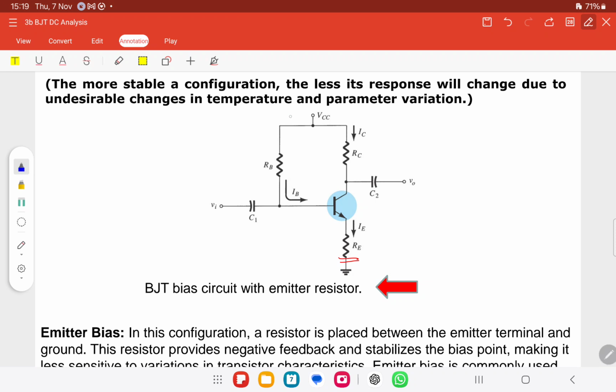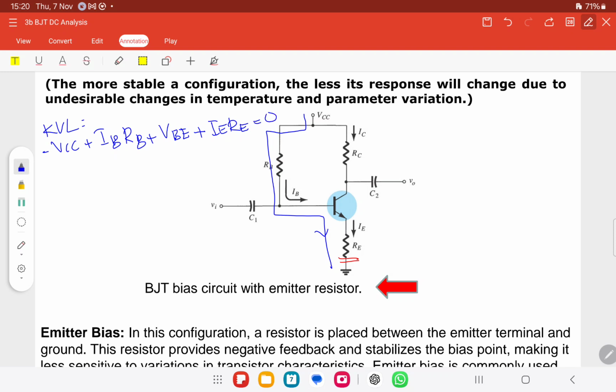So now kita nak buat sama. This one sama je dengan tadi, cuma dia ada tambah RE. So dia ada tambah another one, IE. Lalu sini sama je. KVL dia: minus VCC plus IB RB plus VBE plus IE RE equals to 0.